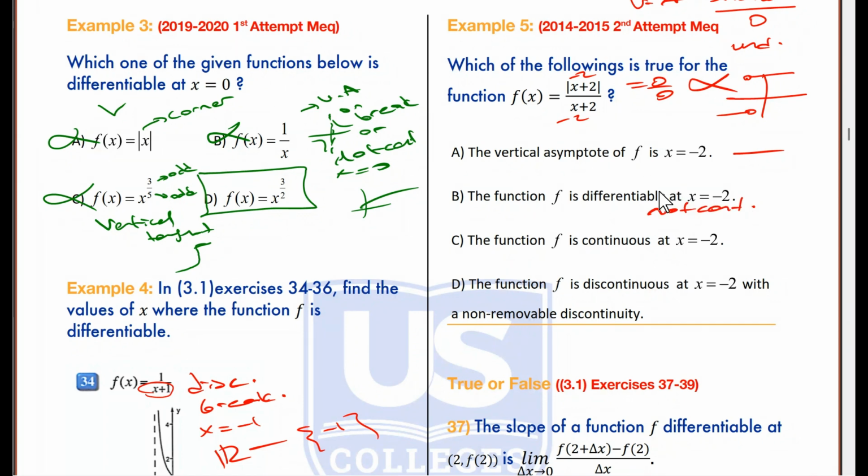What makes the denominator 0? X equals -2 makes the denominator 0. So it's not continuous at -2 at all. So it's false. The function is continuous? No, if it's not differentiable, not continuous. So it's clear that it's not continuous. -2 makes the function undefined. And the last option, the function is discontinuous with non-removable discontinuity.